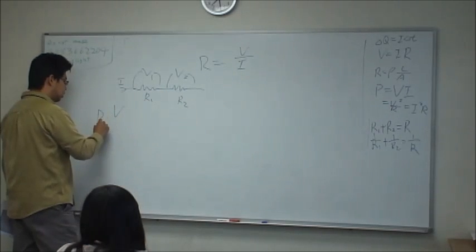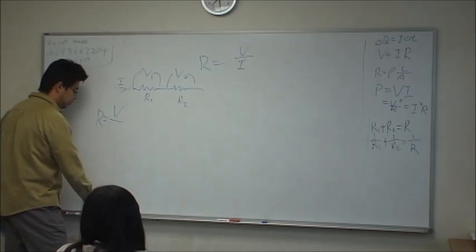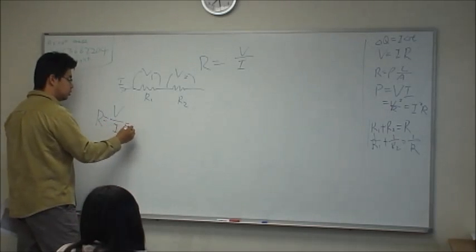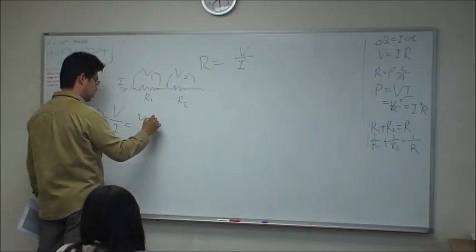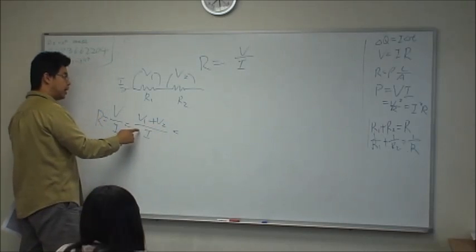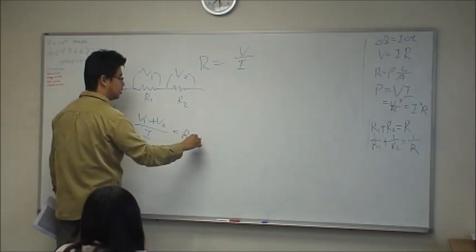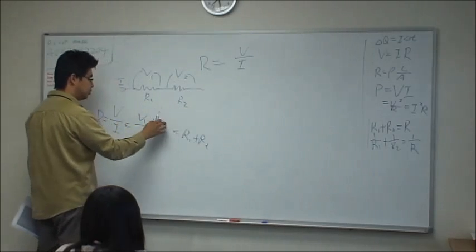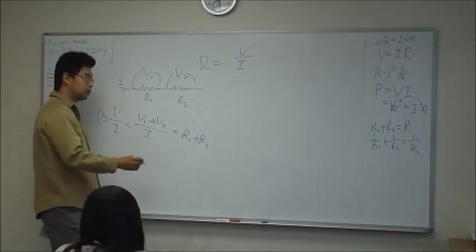So R is equal to V over I. The voltage is equal to this one plus this one. Make sense? V1 over I is R1, right? And this is R2. So that's in series. How about in parallel?